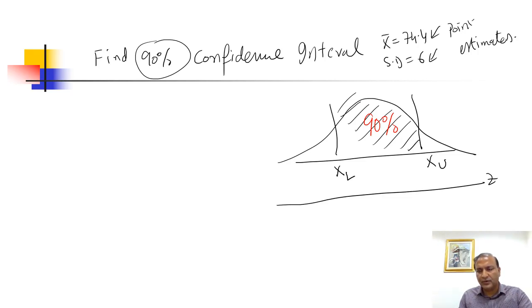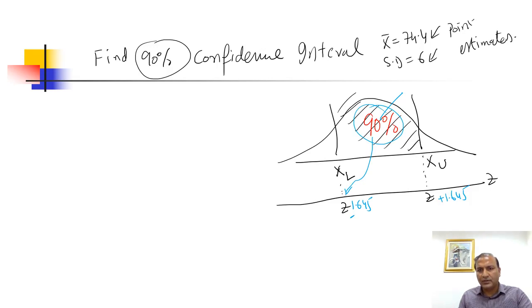You have to find the z values. You remember, for 90% probability, the z value is minus 1.645 and plus 1.645.